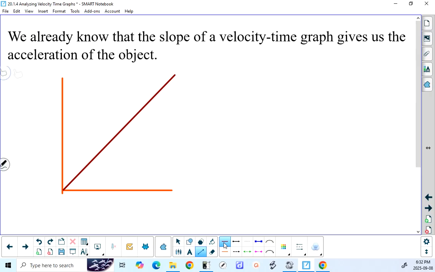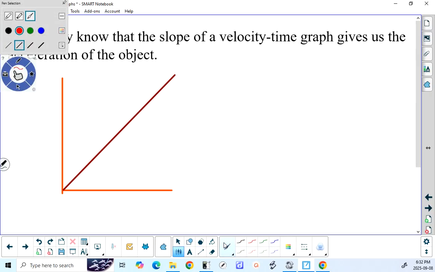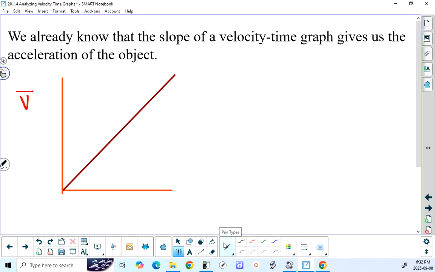Let me label the axes, where this is velocity and this is time. The reason why the slope of that line is going to give you the acceleration is because acceleration is defined by the change in velocity over the change in time.